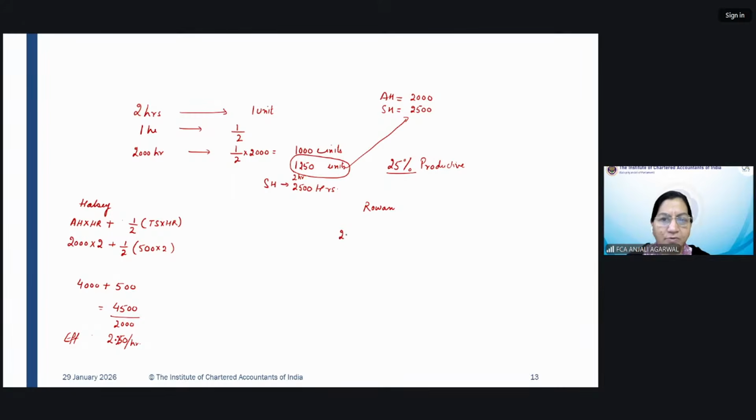If they had been under the Rowan scheme, 2000 into 2 would have been guaranteed to them, plus time saved is 500, standard hours to do the same job is 2500. So they end up getting 1/5, 20% of the bonus, of 2000 into 2, that is 4,000, plus 1/5 of 4,000, that is 800.